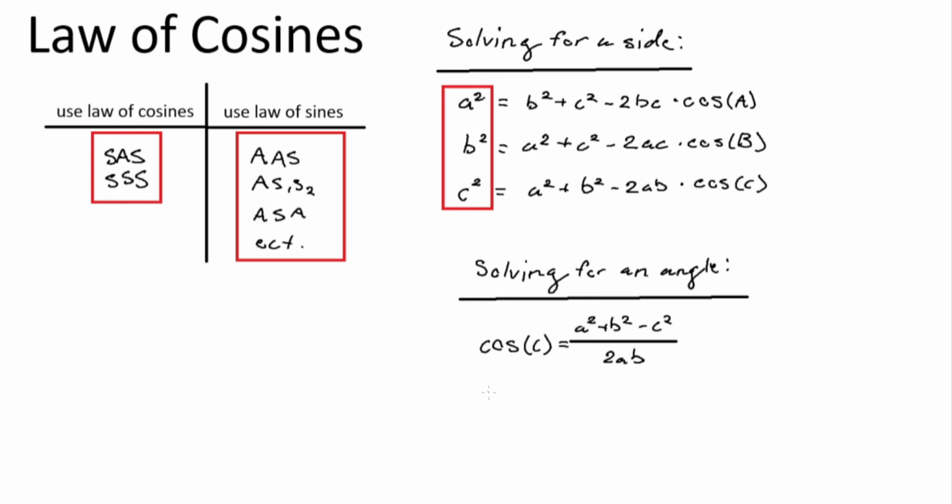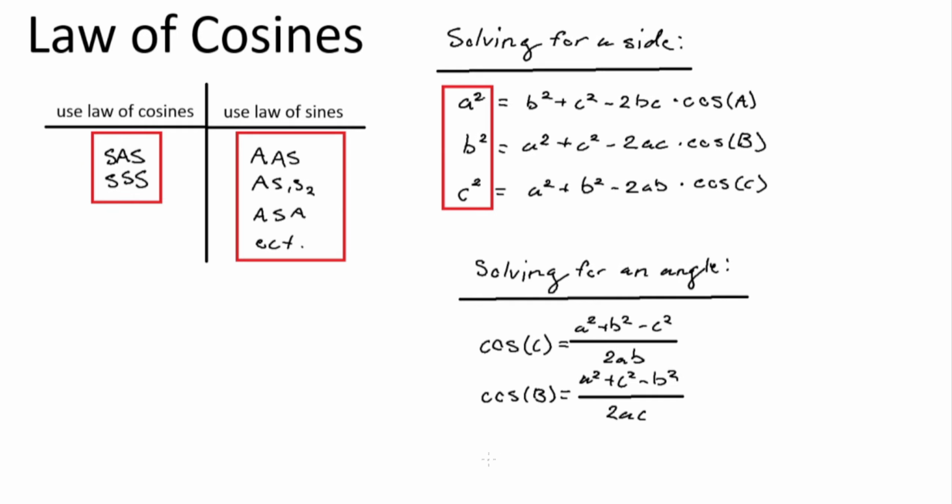As the pattern continues, cosine of angle B is equal to A squared plus C squared minus B squared, and let me get my line tool again, divided by 2AC.